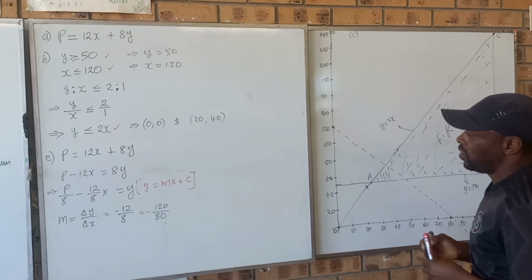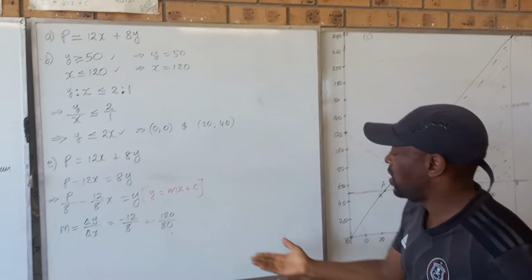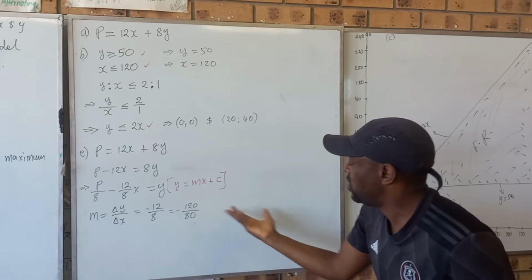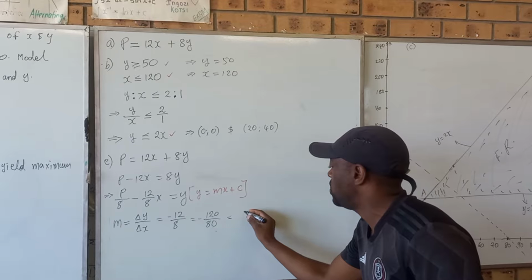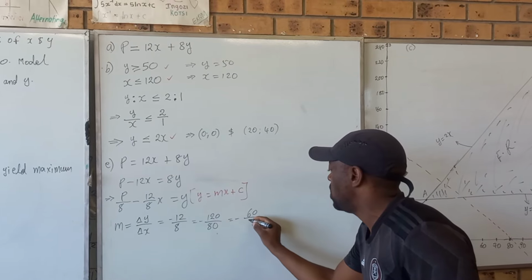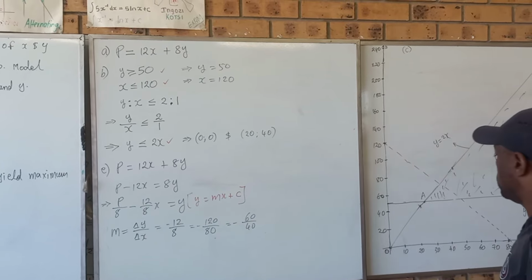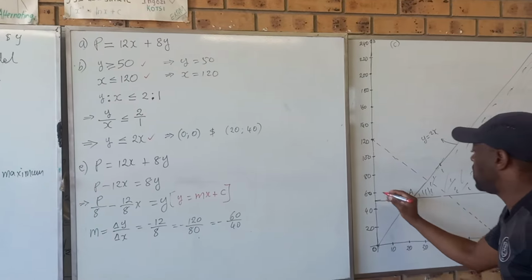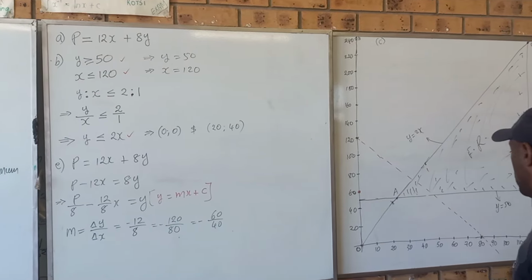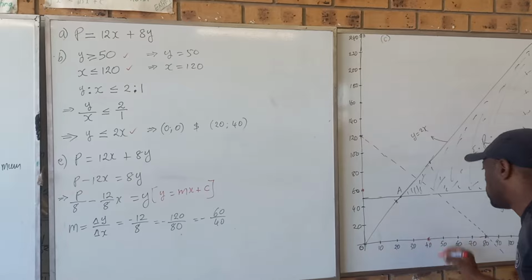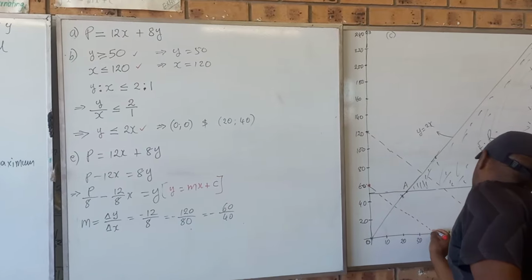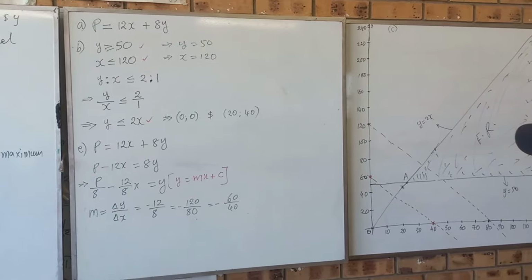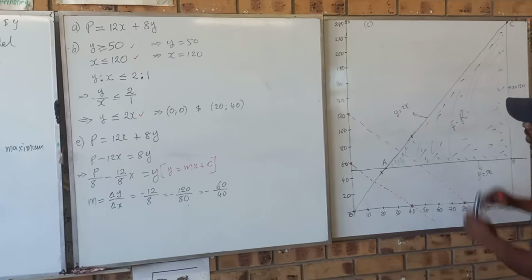If I want another search line, I can divide these two by the same number. If I divide by 2, for example, this goes to 60, that goes to 40. So another search line can be at 60 on the y and 40 on the x. You can draw as many search lines as you want, and if you draw them correctly, you'll see that they are parallel to one another.